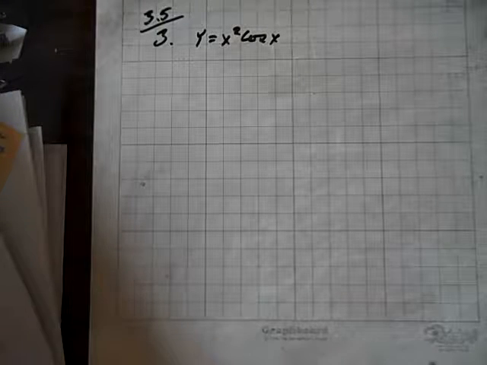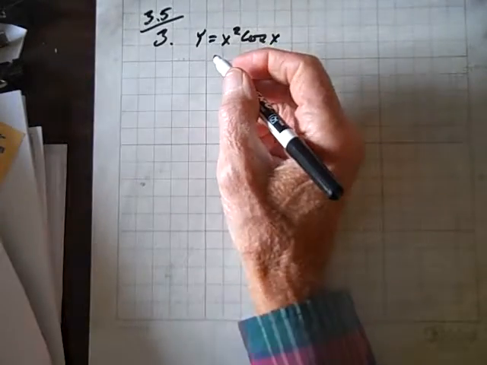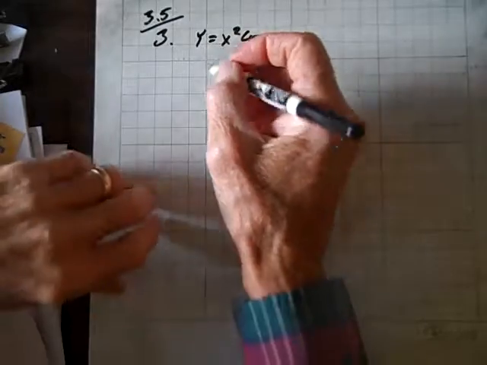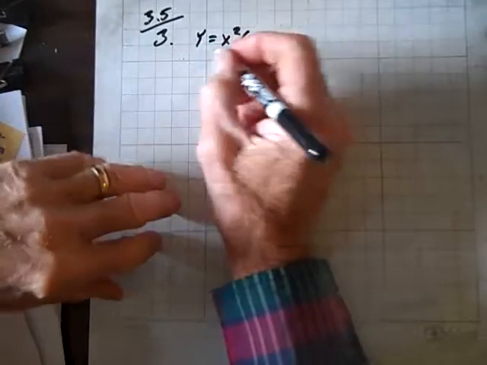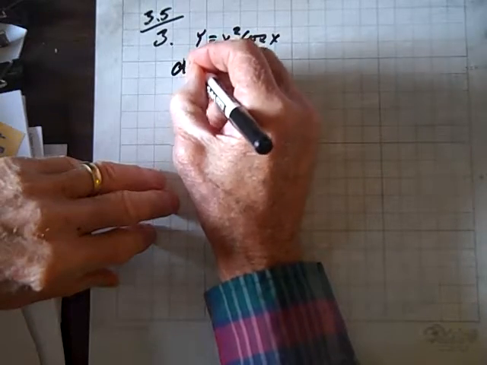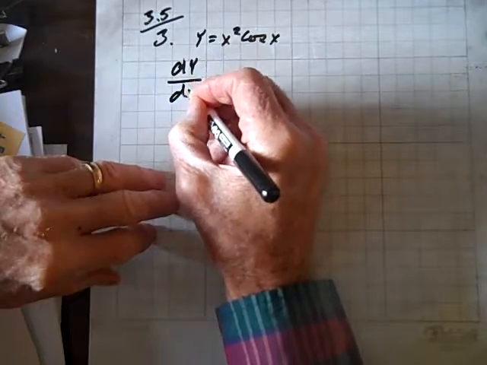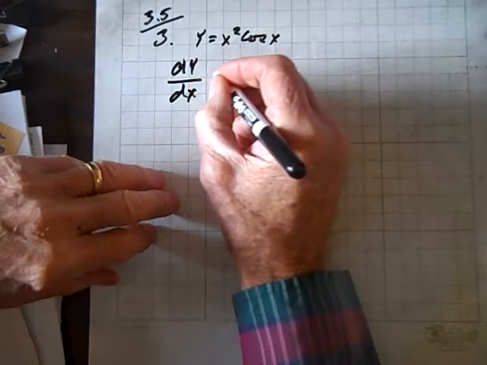Okay, now we're doing question 3 on section 3.5, and we have to find the dy dx, or the first derivative of this function. And so we're going to use the product rule.